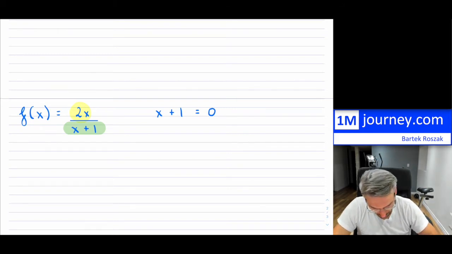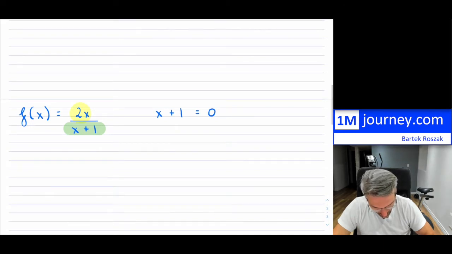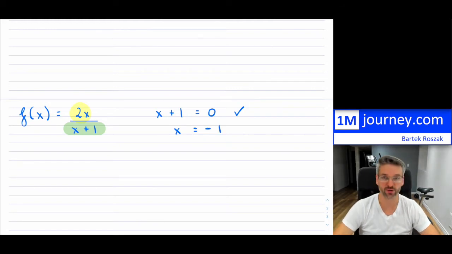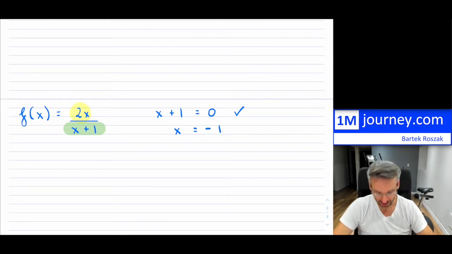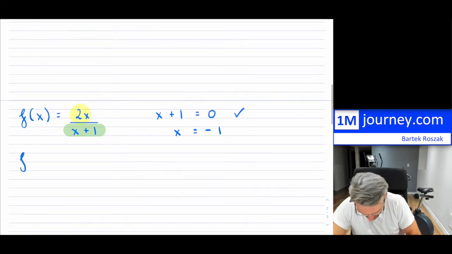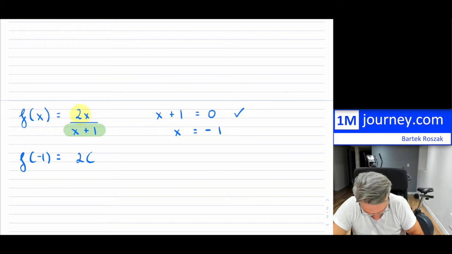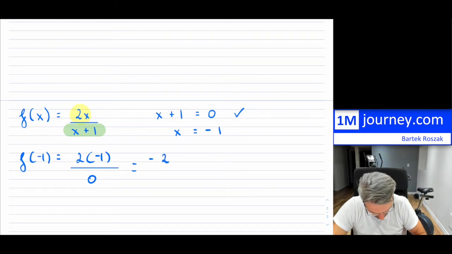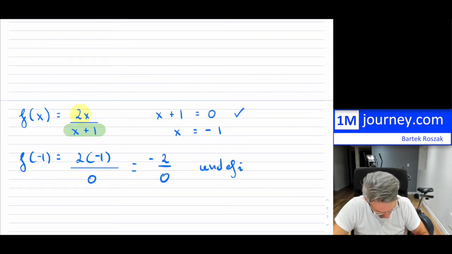So we always restrict these in such a way so that we do not get a 0. Now, when will this equal 0? Well, this one is very easy to solve. It's going to equal 0 at x equal to -1. If you substituted -1 into this function, you would notice that in the denominator you would get 0, so the result is undefined as a number.